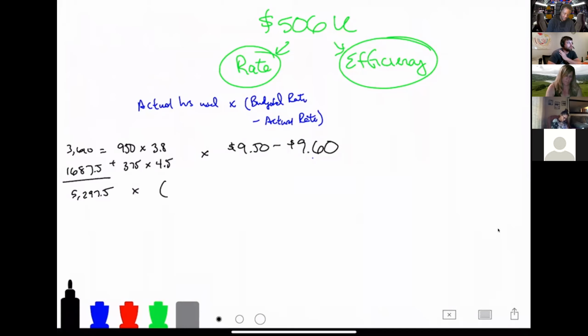And then we're going to multiply that by 9.50 minus 9.60, which is a negative 10 cents. So our rate variance is, let's just round it to $530, and that would be an unfavorable variance. Pausing for questions.